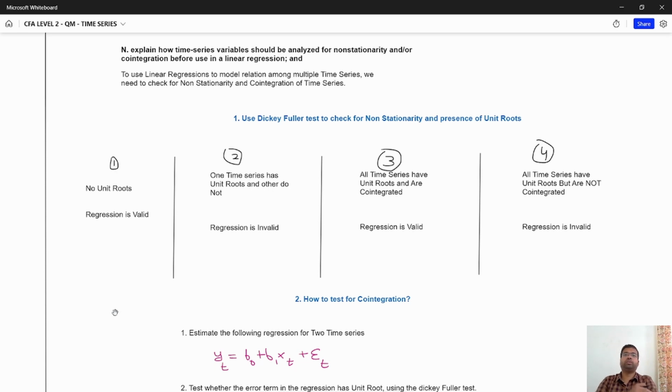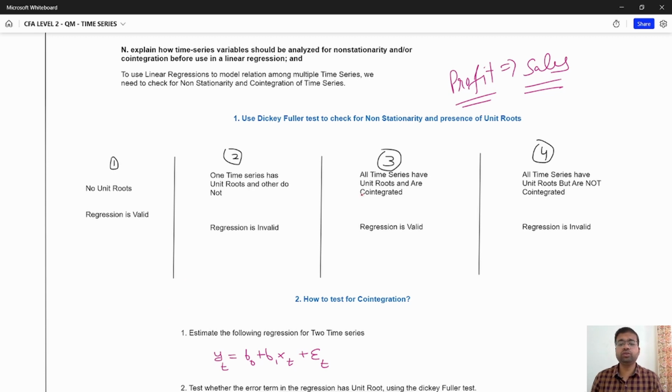Suppose you are predicting the time series of profit and regressing it on sales. Sales itself is a time series, and profits are also a time series. So when you are regressing one time series on another, you need to check for non-stationarity and the co-integration of the time series with each other.